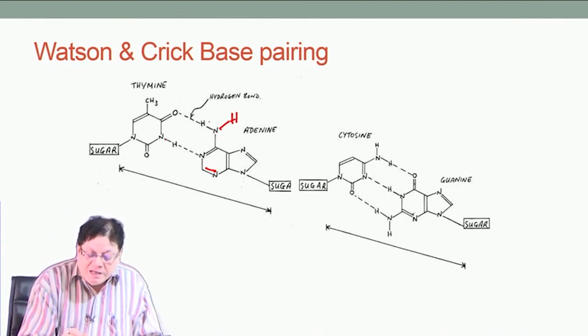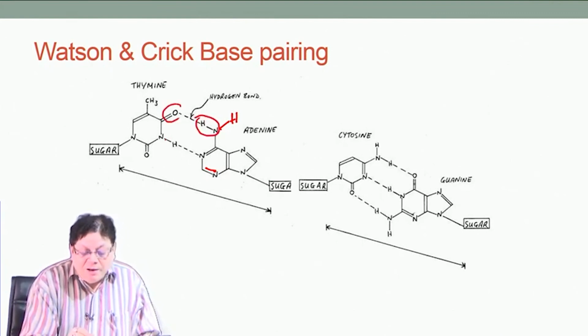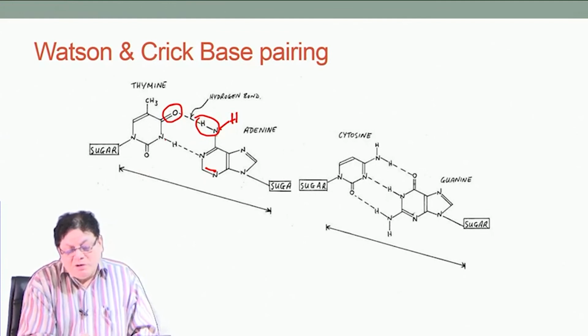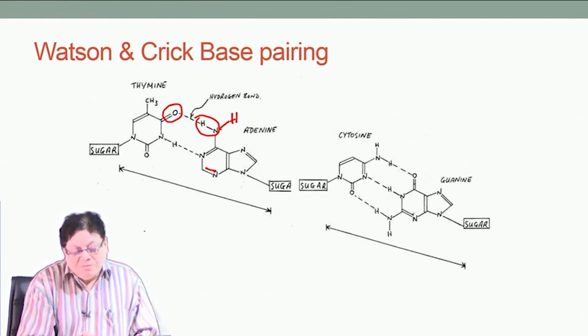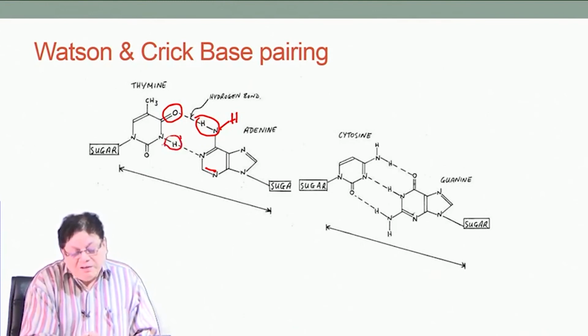So, now this NH is a donor, and thymine carbonyl is well placed to make a hydrogen bond with this NH. And on the other hand, there is an NH on the thymine, and that NH becomes a donor. So, this is acceptor, that is donor, and that is now well placed to make a bond.